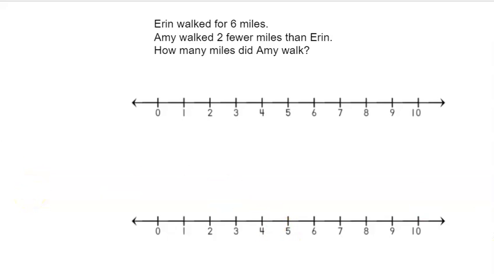So, what does that number 6 represent? It says Aaron walked for 6 miles. So that's right. 6 represents the number of miles that Aaron walked.